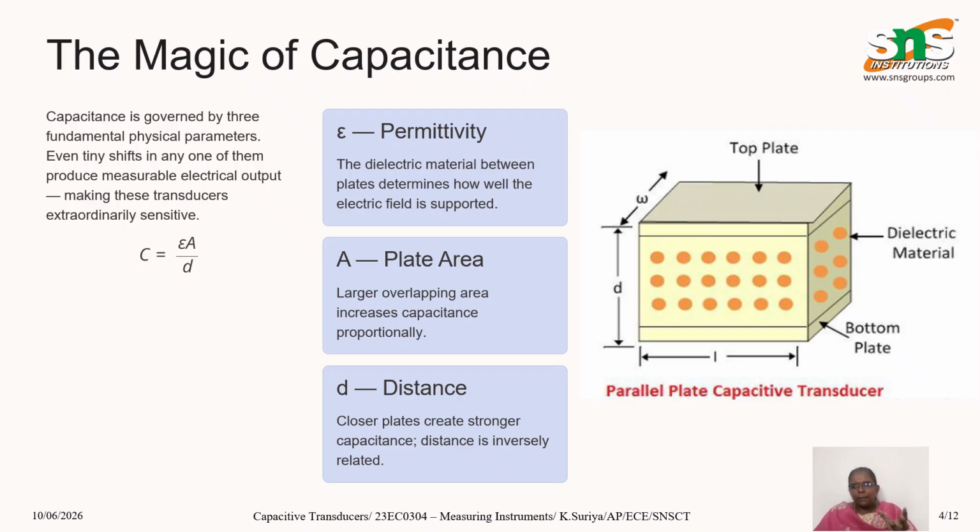Similarly, increasing the overlapping area of the plates increases the capacitance. On the other hand, increasing the distance between the plates decreases the capacitance. So even a very small change in any of these parameters can produce measurable electrical outputs. This high sensitivity is the reason capacitive transducers are widely used in precision measurement applications.